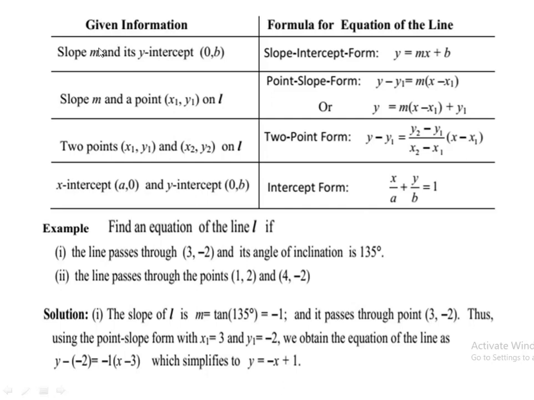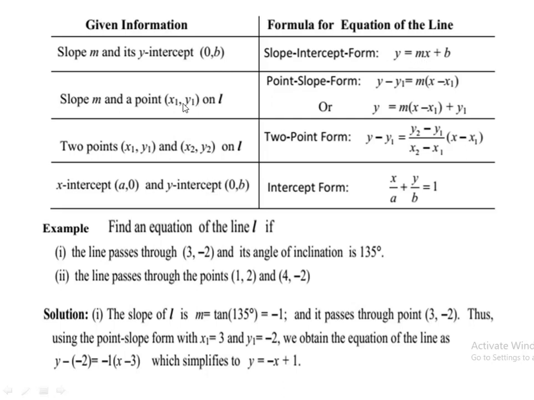For example, if we have slope m and y-intercept (0, b), what do we have here? The slope and the intercept. If we have slope and intercept, it is the slope-intercept form. Why? Because we have the slope and the intercept, where the slope is m and the y-intercept is (0, b). So the line is y equals mx plus b, where b is the y-intercept and m is the slope.